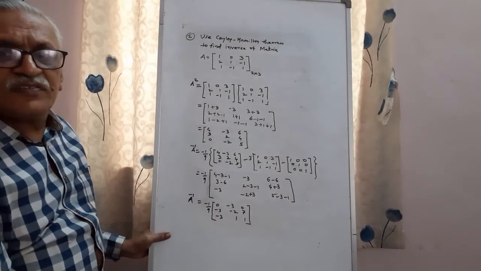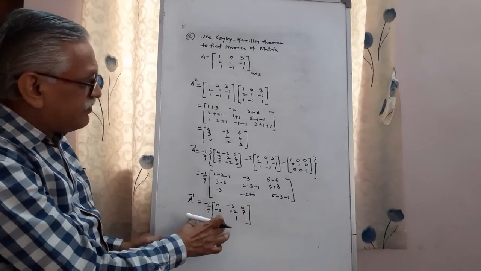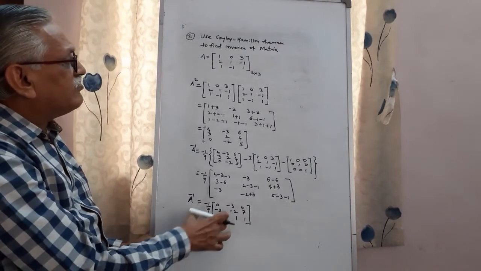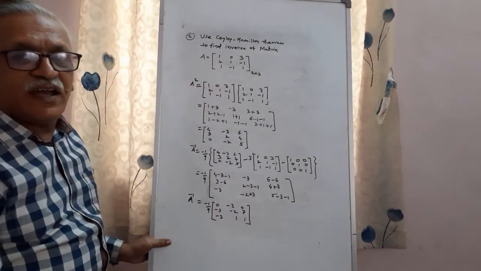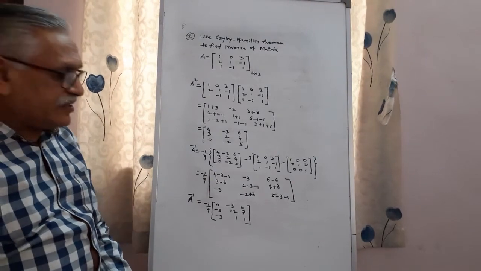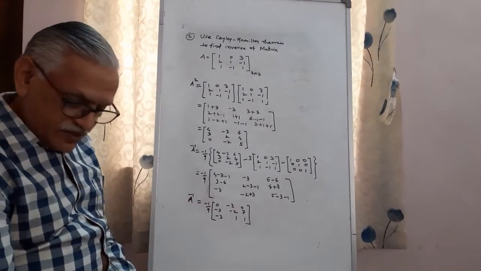And then once again you can cross check it by multiplying it by matrix A, and if we get the identity matrix, then the answer obtained is the correct one.